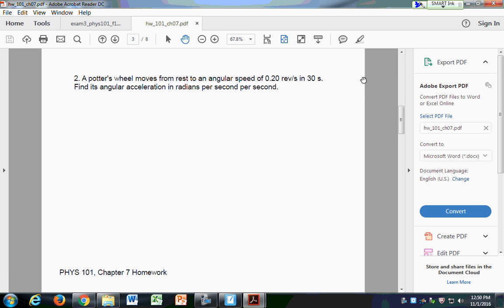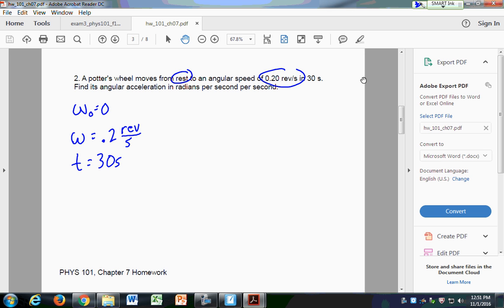Okay, so when I start reading this, the potter's wheel moves from rest, that says omega naught equals 0, to an angular speed of 0.2 revolutions per second. So omega final is 0.2 revolutions per second, and the time is 30 seconds.